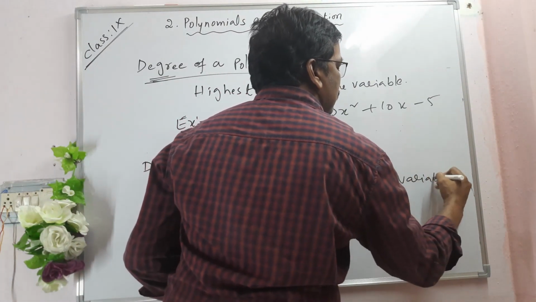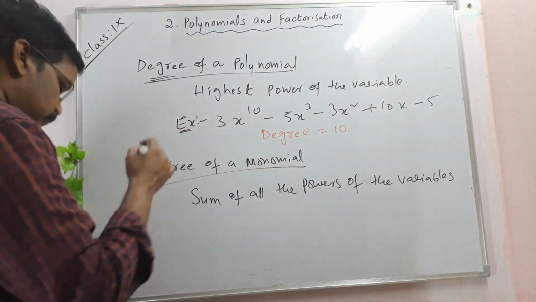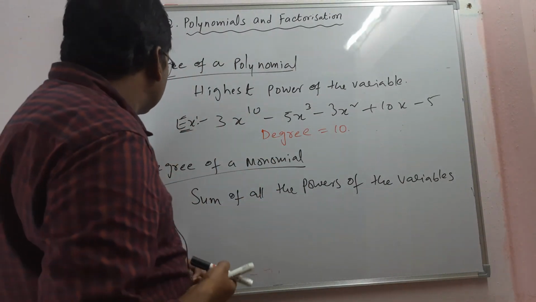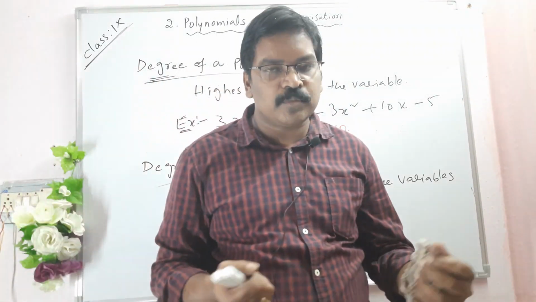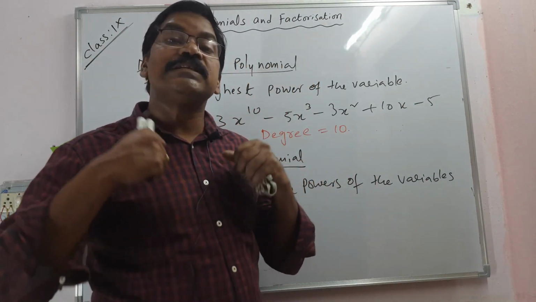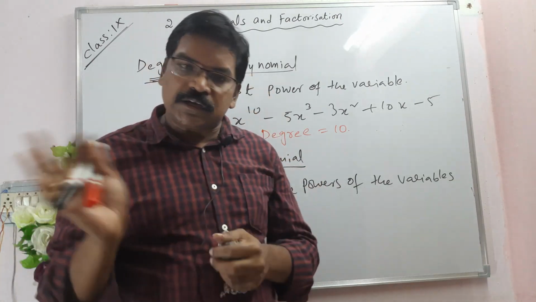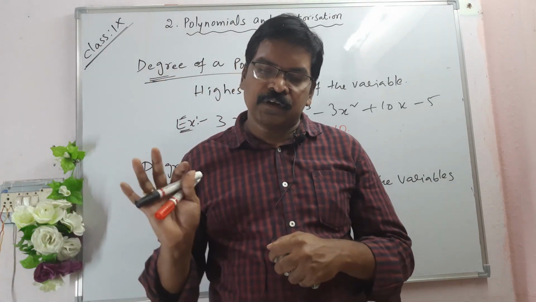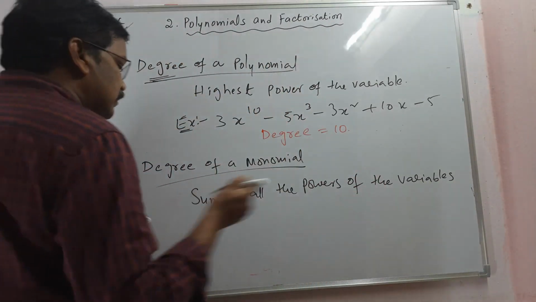Before we get into this topic, you have to learn about monomial. Monomial means it's a single term, not two terms. It is not a combination of two or more. It is only a single term. I can give you an example.